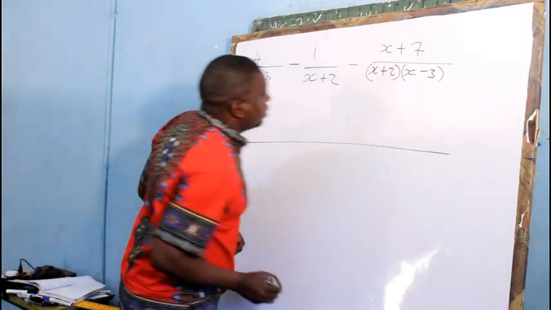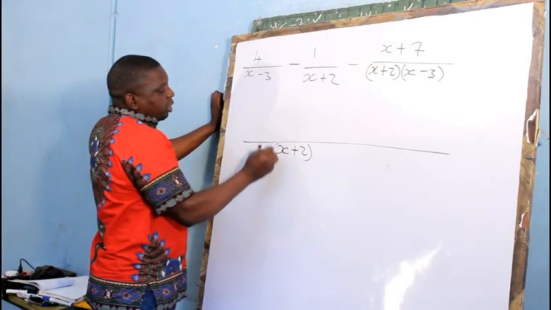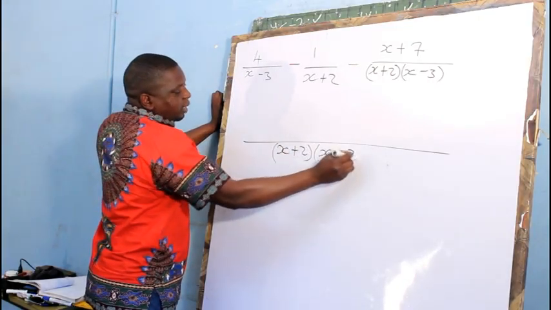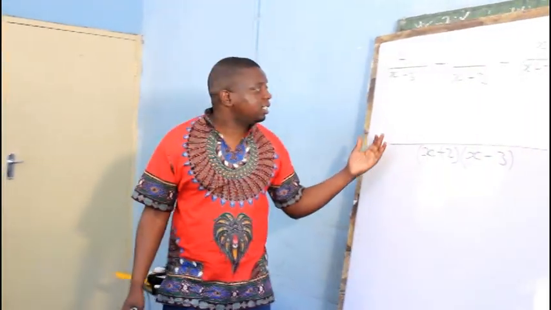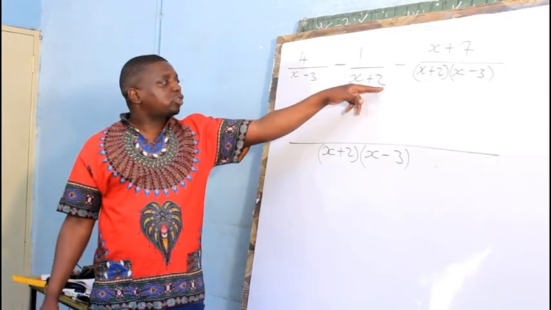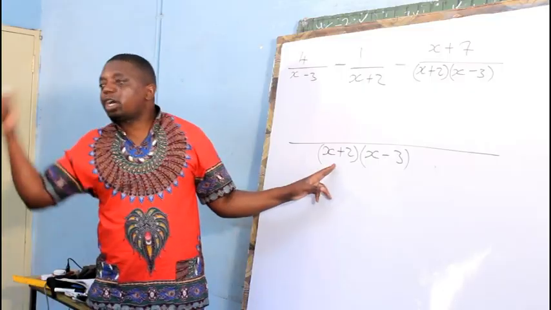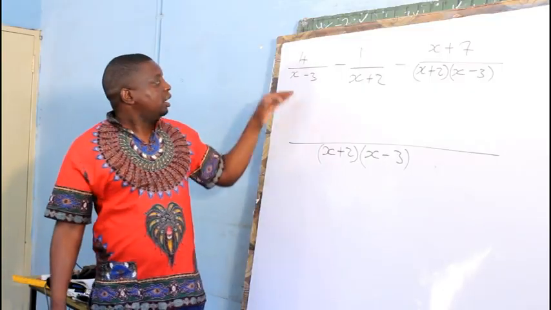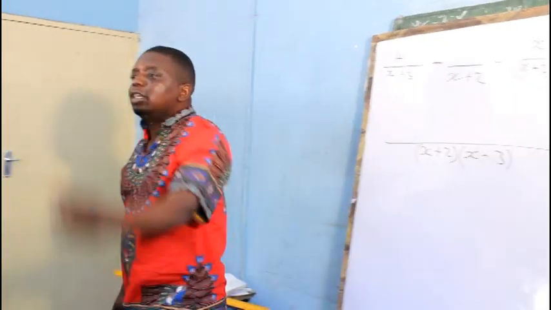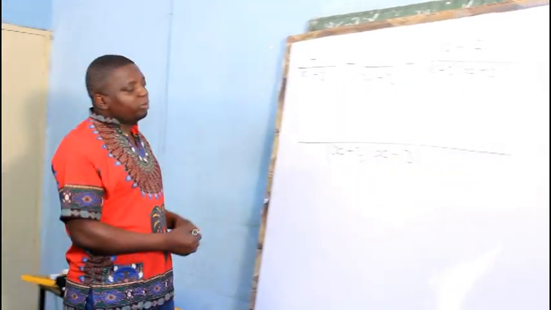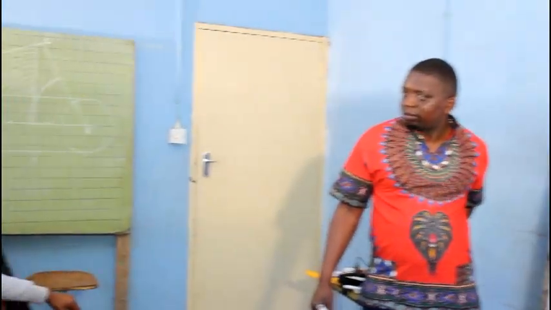Right. Now we have x plus 2 factor of x minus 3. Now the common denominator, the lowest common denominator. We take x plus 2 appearing once, and x minus 3 appearing once, so the lowest common denominator is x plus 2 factor of x minus 3.